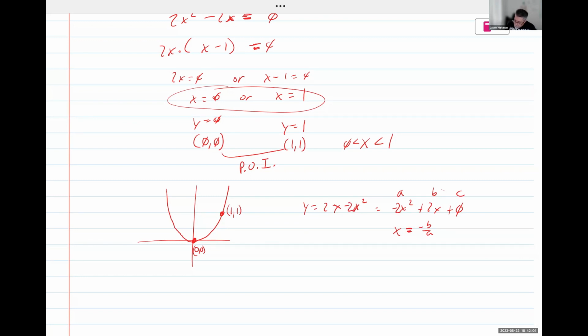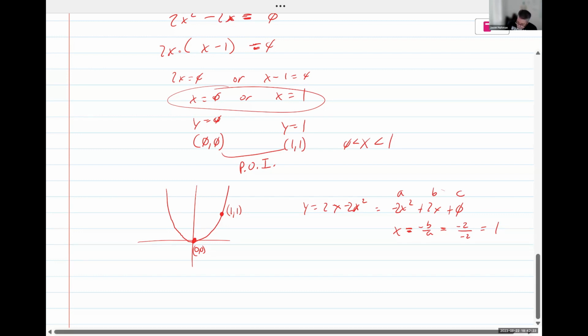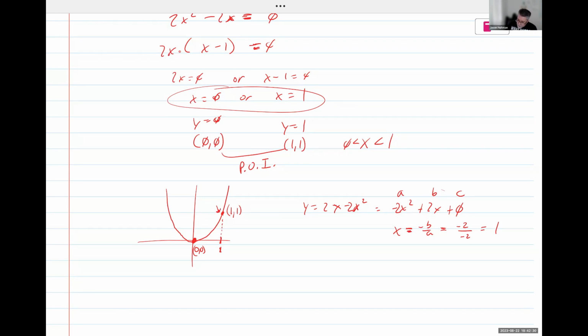If I take negative b over a, I get negative 2 over negative 2, which is 1. And so 1 is the x value, and so the vertex would be here at (1, 1), where x is equal to 1. That's the vertex of that parabola. And if that's the vertex, that's going to be the highest point because it's an upside down parabola, and it's going to look like this.